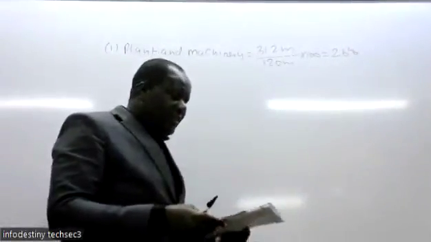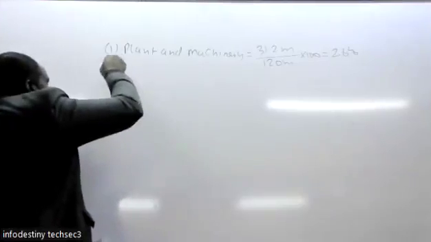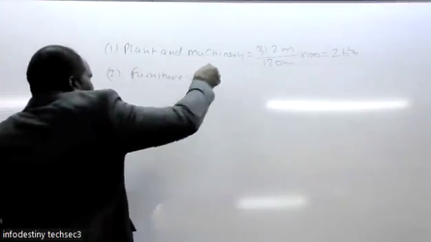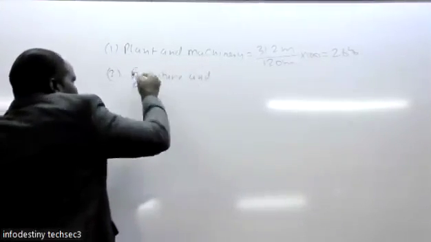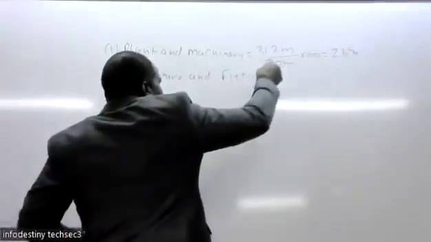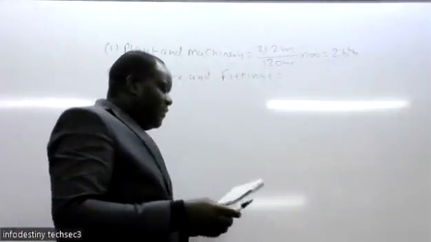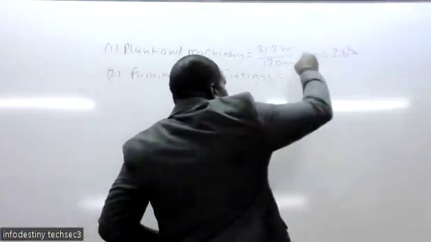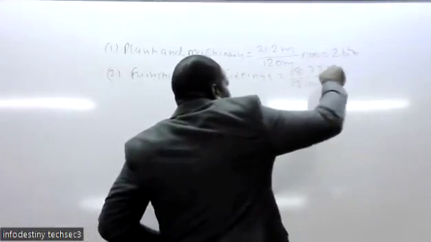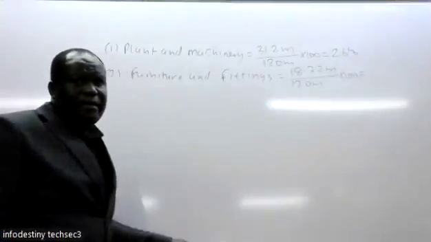The second item is furniture and fittings. Furniture and fittings is 18.72. Divide by 120 millions and also express it as a percentage.